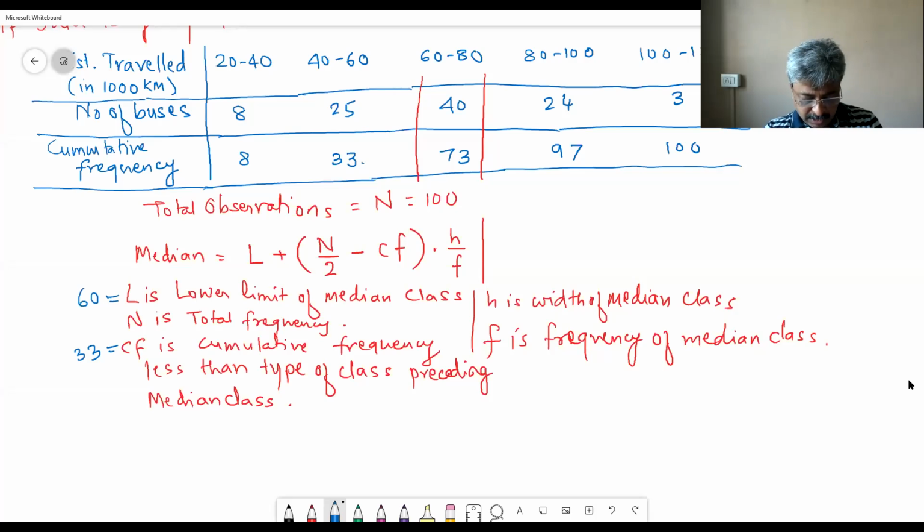N is the total frequency, N is equal to 100. H is the width of the median class, 80 minus 60, which is 20. And F is the frequency of the median class.